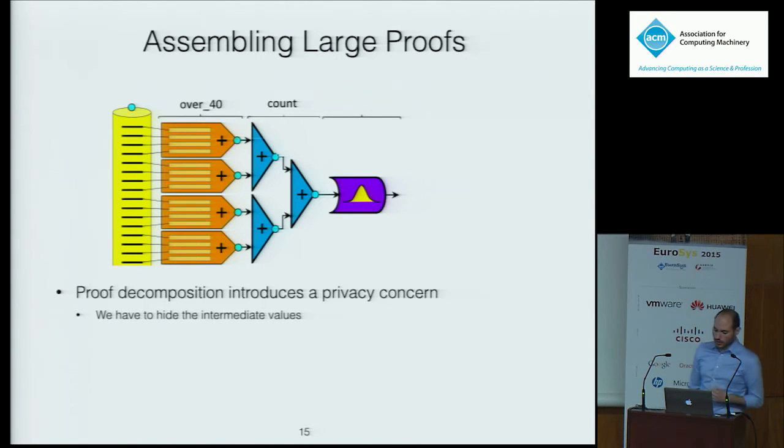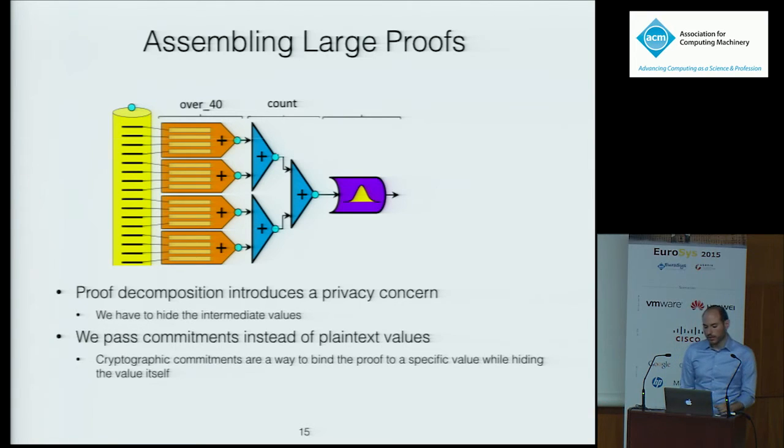Of course, decomposing into small proofs into tiles is not straightforward. This is because we cannot simply reveal the intermediate results to the verifier. That would leak information. So to hide intermediate results, we use cryptographic commitments.